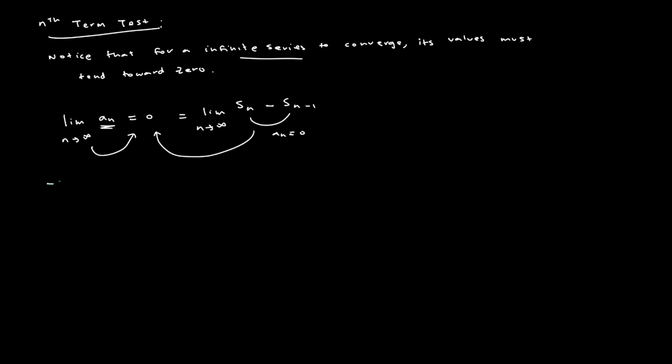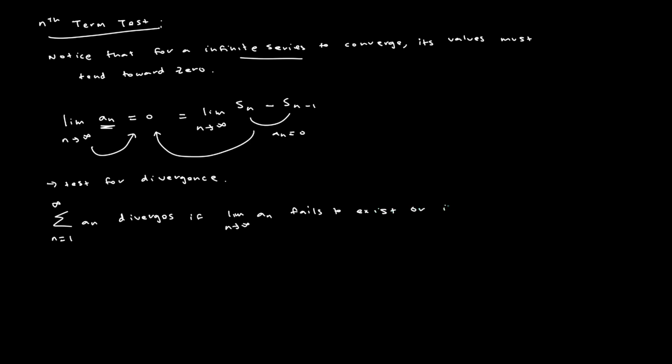So the nth term test is a test for divergence. If you pass this test, it doesn't tell you for sure that the series will converge, but it tells you that the summation from n equals 1 to infinity of a of n diverges if the limit as n tends to infinity of a of n fails to exist or is not 0.